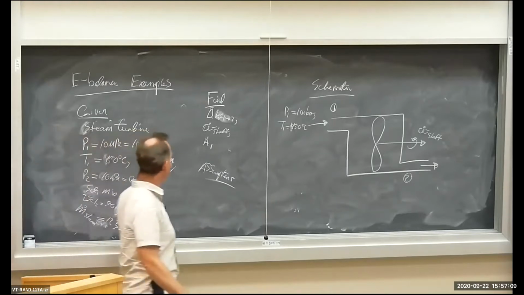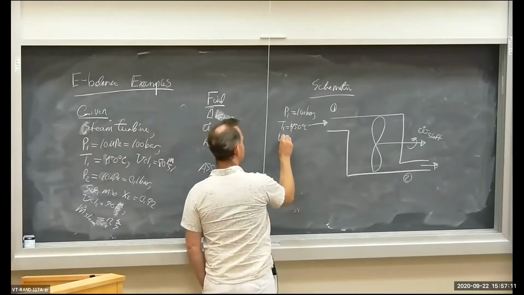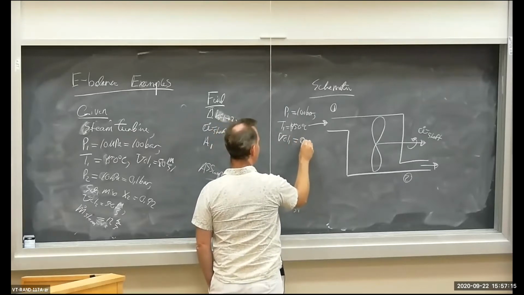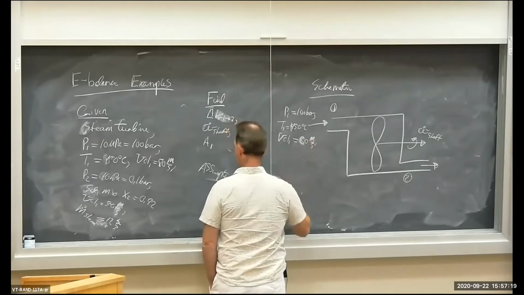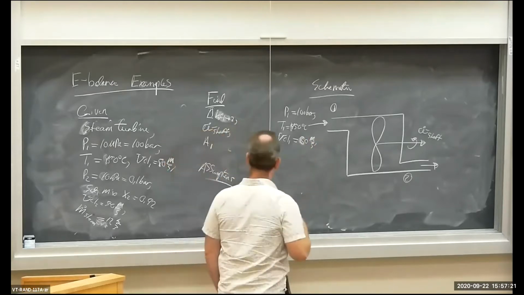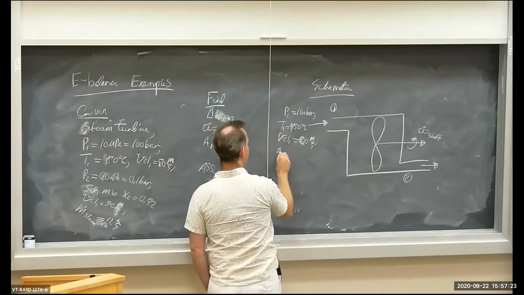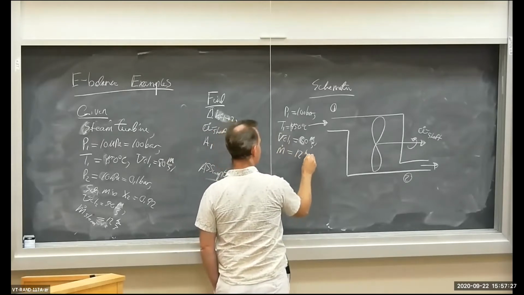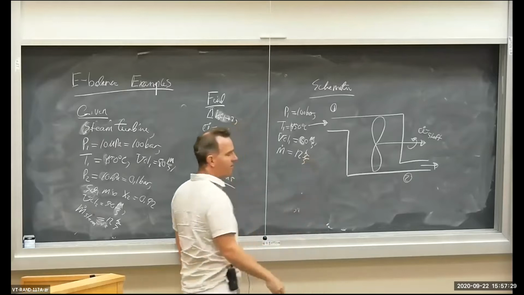The inlet velocity of the steam is 80 meters per second. And the mass flow rate for the steam, m dot, is 12 kilograms per second.